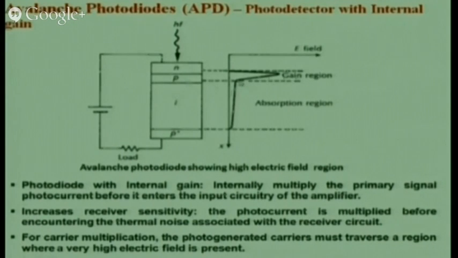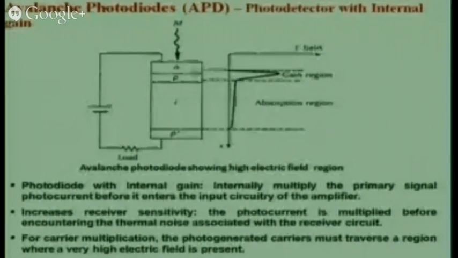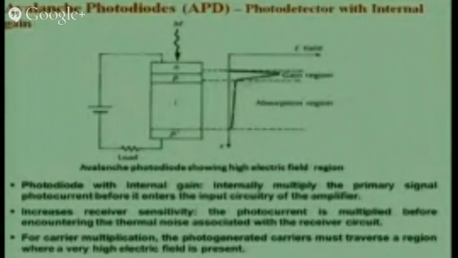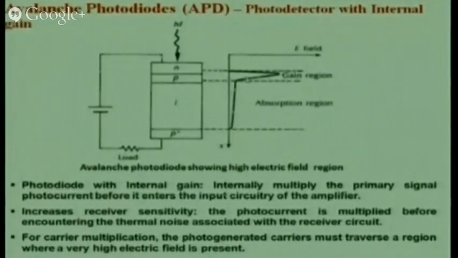Then there is a gain mechanism within this region itself, because the high reverse bias exists at this point. So it creates a multiplication effect right here. That means one photon gives me somewhere around 10 raised to power 4 electrons, so there is an amplification within the setup itself.